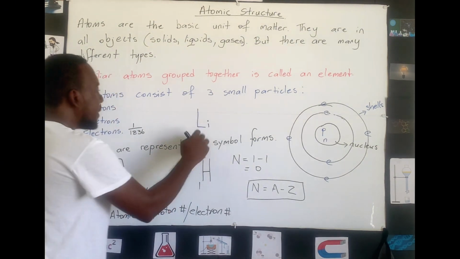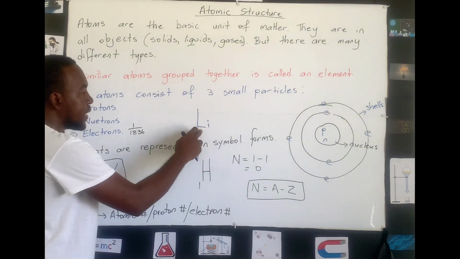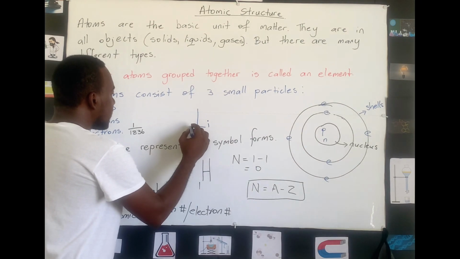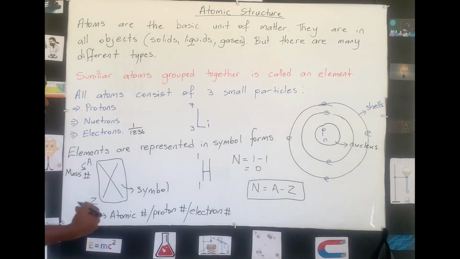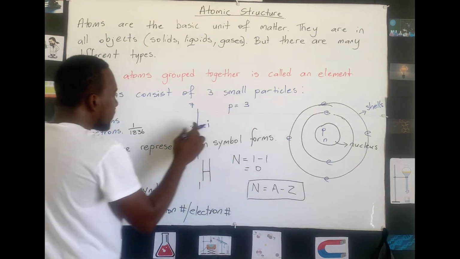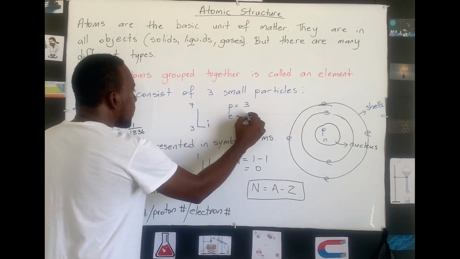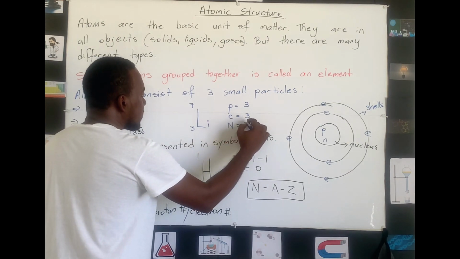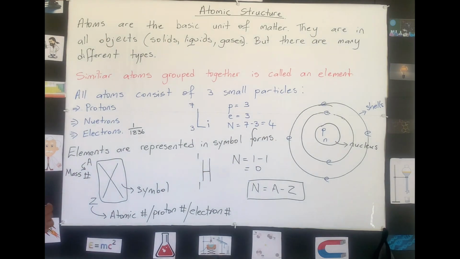For a specific element, if it has 2 letters for the symbol, the first one is always capitalized and the second one is small. So for lithium, this is 3 and 7. Therefore we know that lithium has a proton number of 3. In its neutral state, it also has an electron number of 3, and its neutron number, which is 7 minus 3, gives us 4 neutrons.